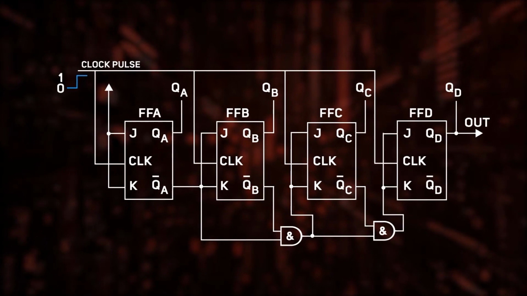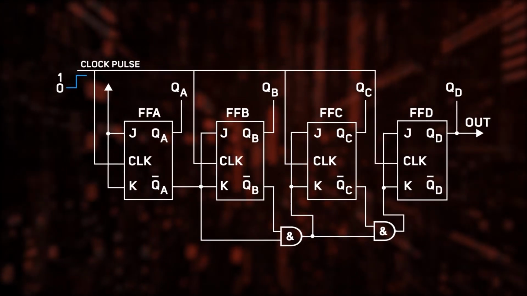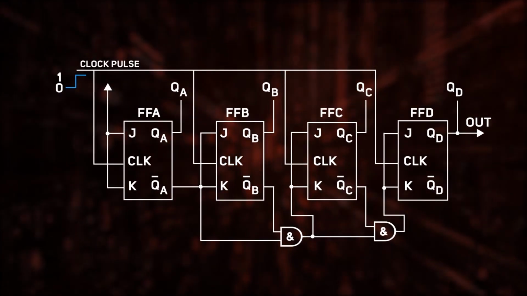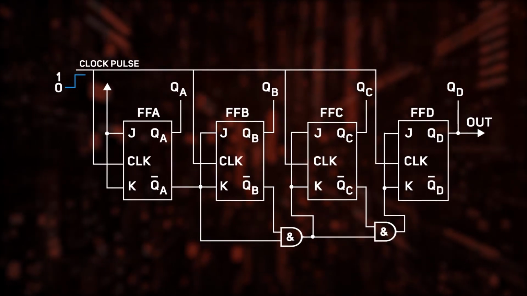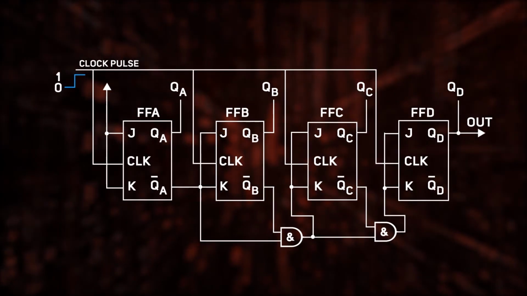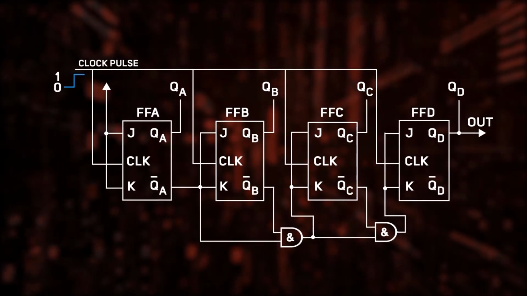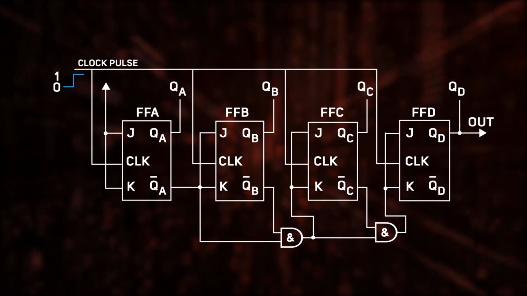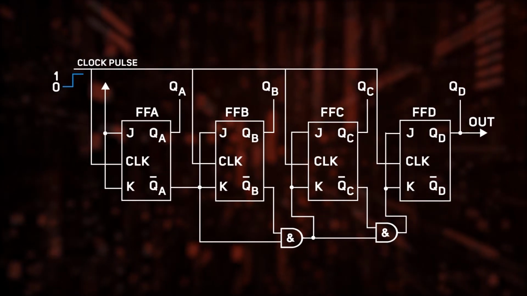The LSB gets complemented at any cost as soon as the clock pulse comes, which turns it to 1. The second flip-flop gets complemented. How? It receives 1, which is the complement of the output of the first flip-flop. As we know, when J and K are at 1, it will toggle its value, so producing 1 as its output. Now, the third and fourth flip-flops also get the same inputs.